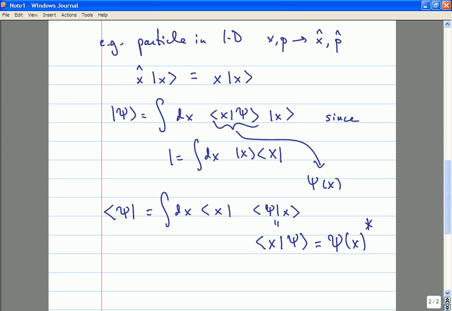So, for example, some problems might be easy to solve in a position space basis, other problems might be easy to solve in a momentum space basis, and other problems might be easier to solve in some combination thereof. In general, the trick and the art of solving problems in quantum mechanics involves choosing a basis which is adapted to the symmetries of the problem at hand.